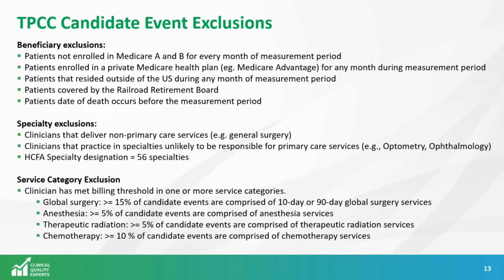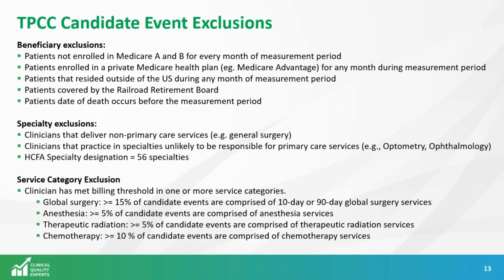On the clinician level exclusions, TPCC excludes those that provide non-primary care services, such as general surgery, and also clinicians that practice specialties that do not usually involve primary care services. However, it is very important to note that even if you are a specialist, you may not be on the exclusion list.